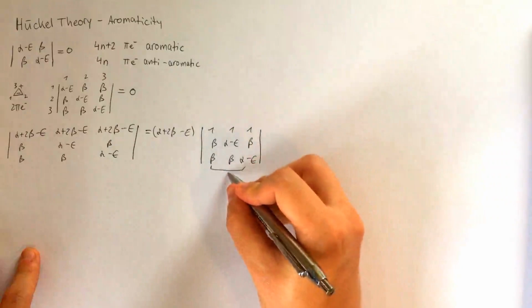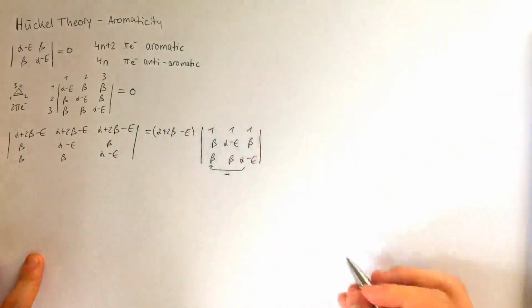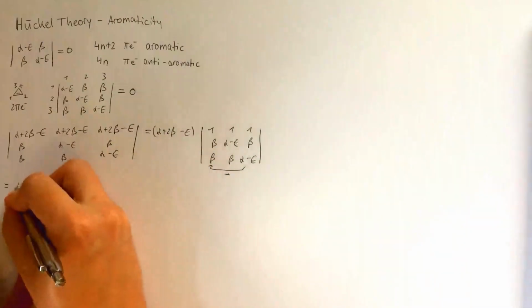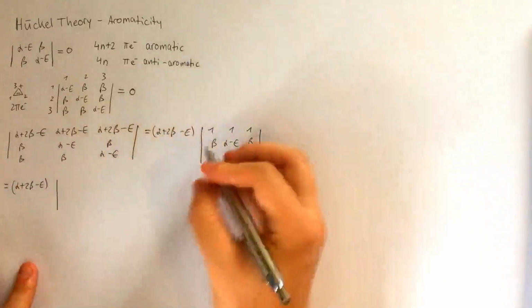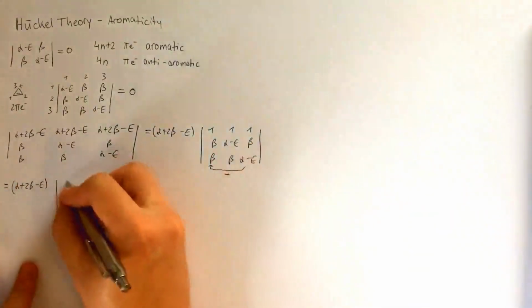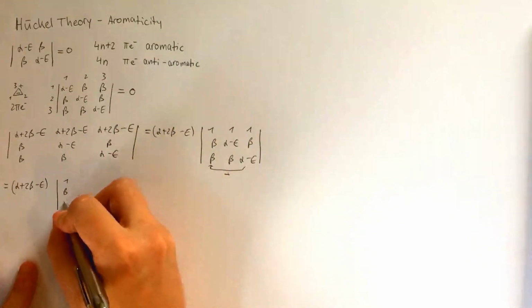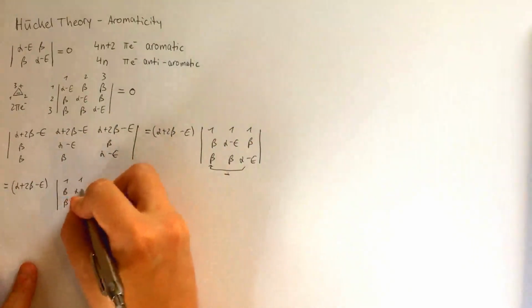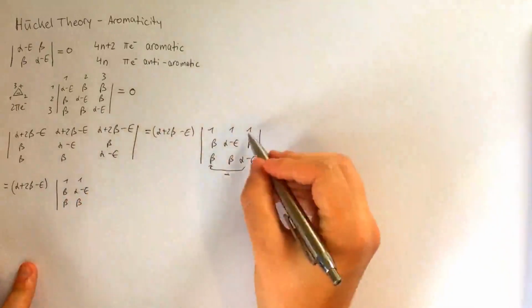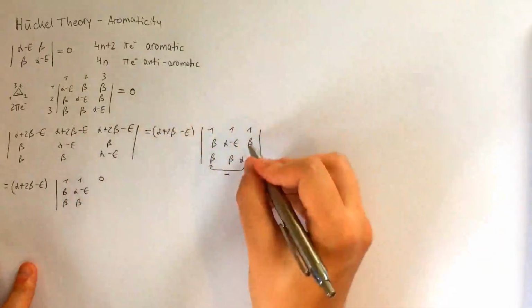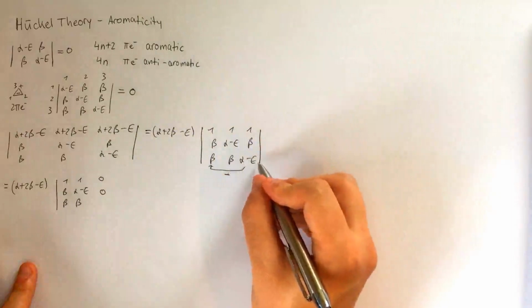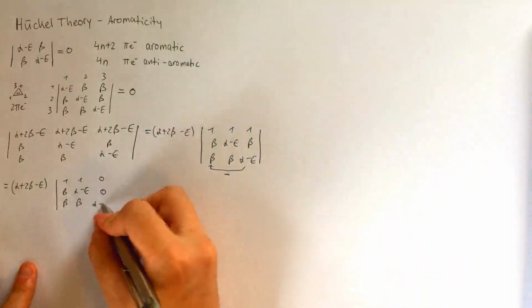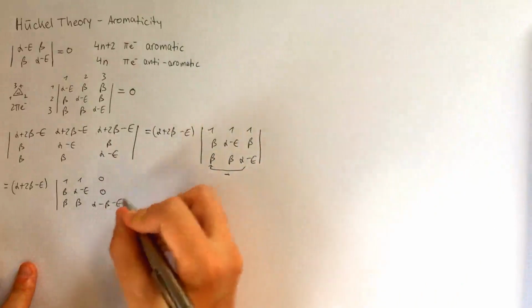If I do this, we get alpha plus 2 beta minus E. The first and the second column stay unchanged. And then we have 1 minus 1, 0. Beta minus beta is 0. Alpha minus E minus beta, so alpha minus beta minus E.